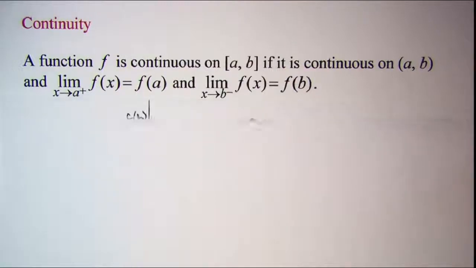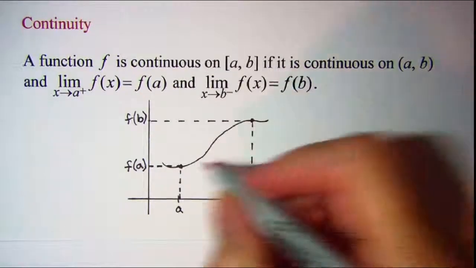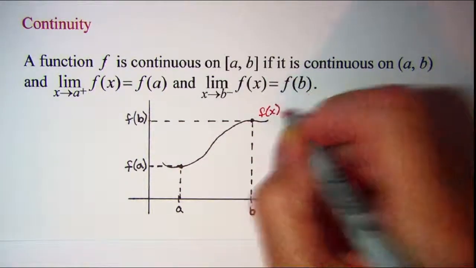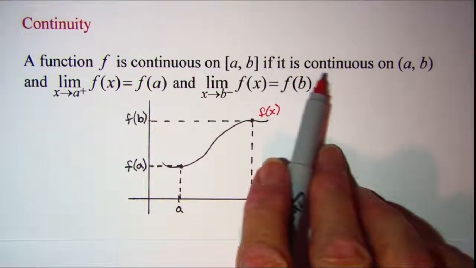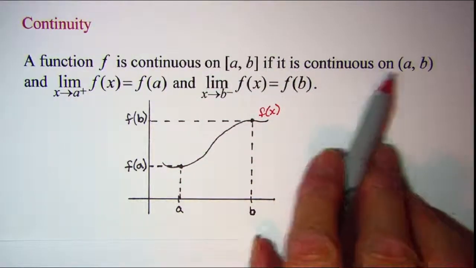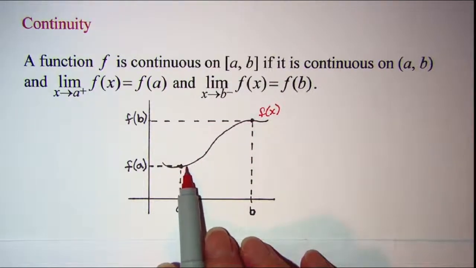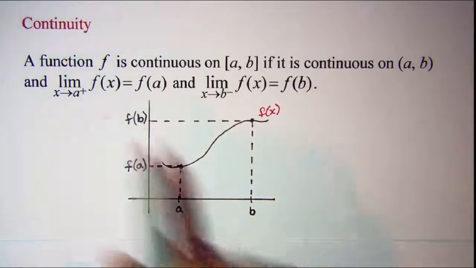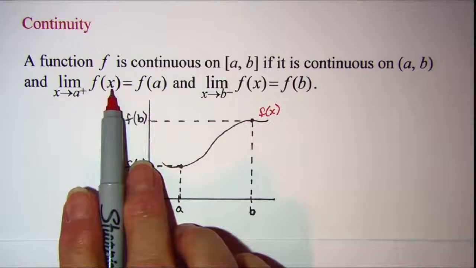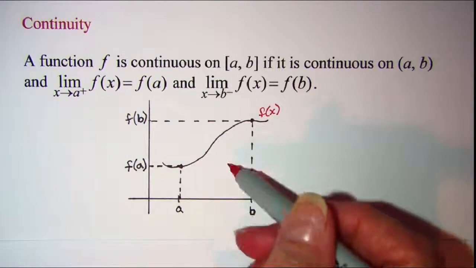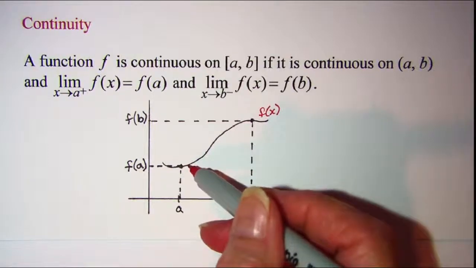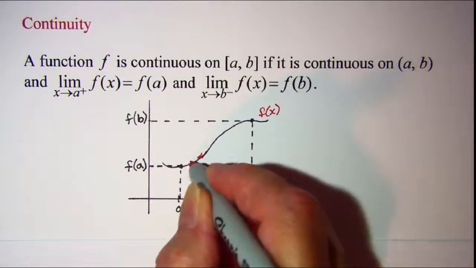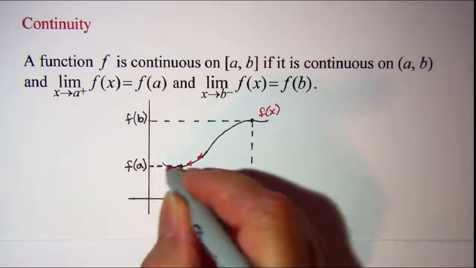Let's look at this definition a little more closely. If this curve is our function f of x, what this is saying is that f of x is continuous on the open interval from a to b, so we have no holes, gaps, or jumps, and the limit of f of x as x approaches a from the positive direction, so we're coming in this way, is f of a.